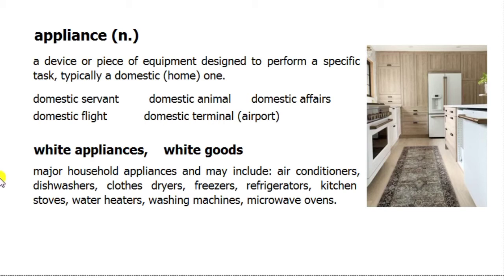These are major household appliances and include air conditioners, dishwashers, clothes dryers, freezers, refrigerators, kitchen stoves, water heaters, washing machines, and microwave ovens. As a rule of thumb, I would say, use the word appliance when something is rather large, like a refrigerator or a stove. Then you won't be wrong.